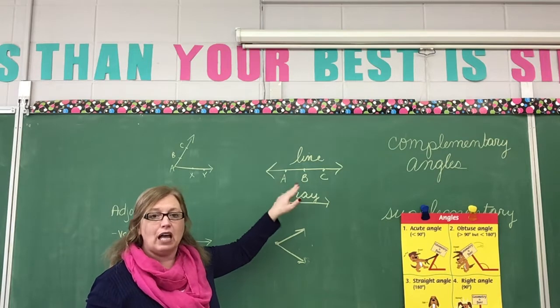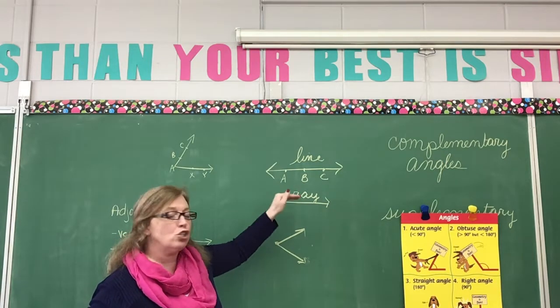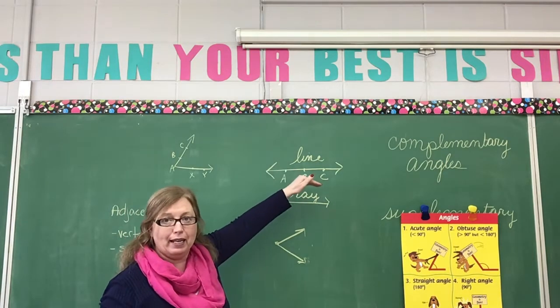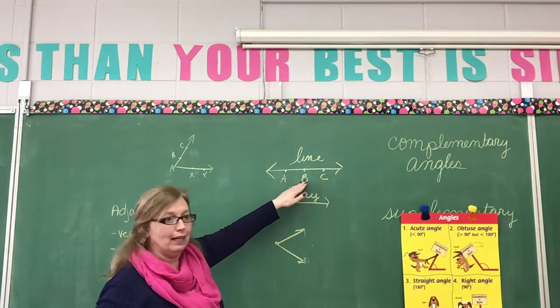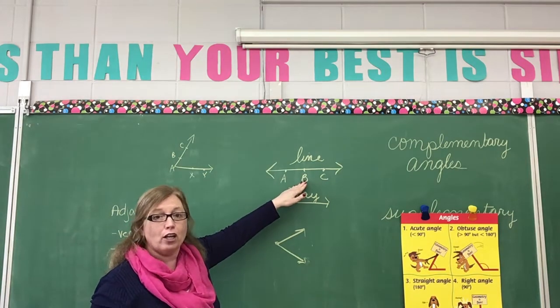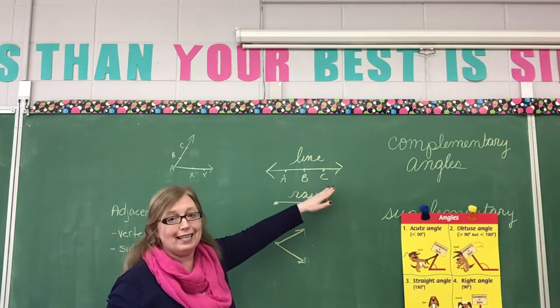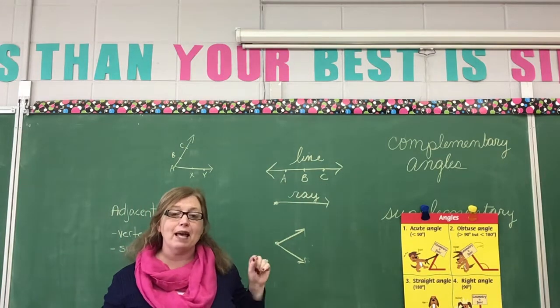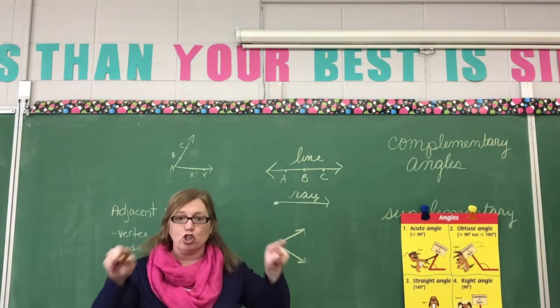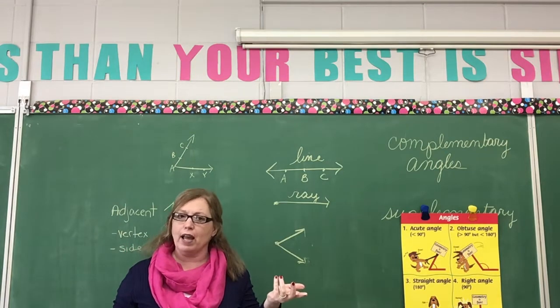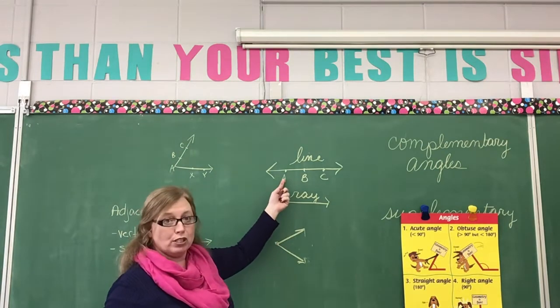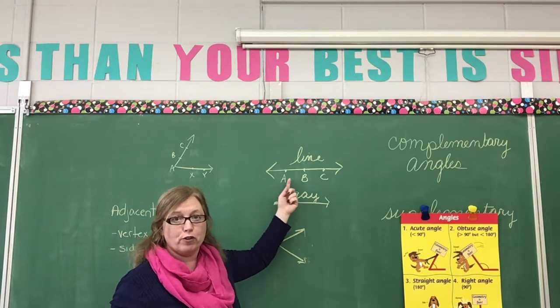That means the line I'm referring to must go through points A and B. So I can call it line AB, or I can call it line AC. But my line goes through these two points. It's kind of like calling you by your first name, your first and middle, or your first, middle, and last name, okay?